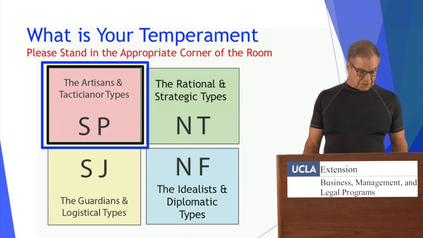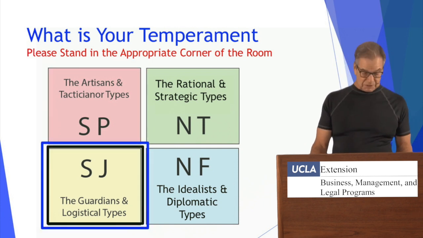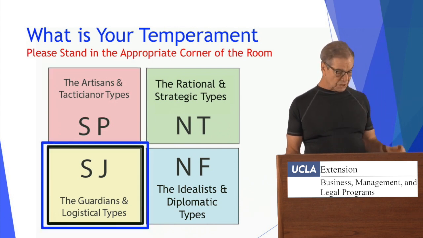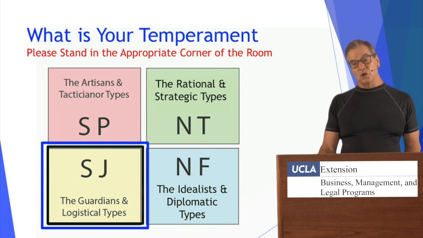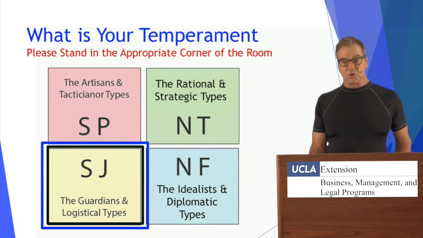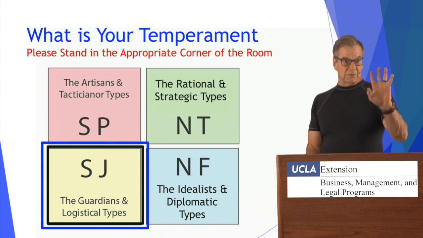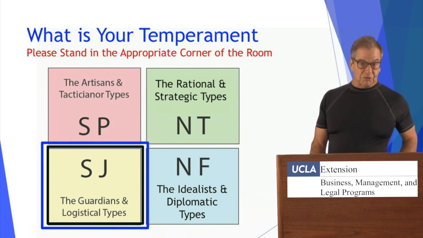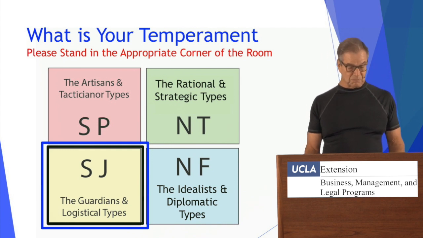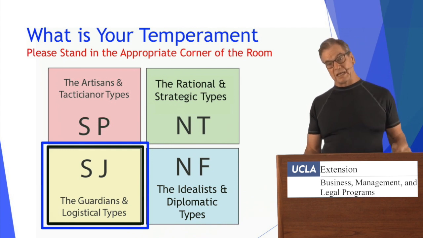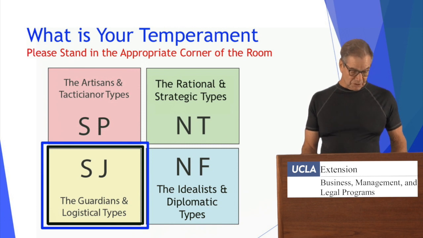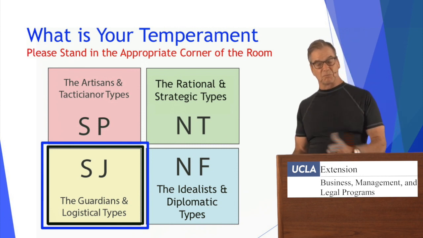Next is the sensing, judging person, and if this group was over here, I would go over to them. They're what we call guardians, about 45% of our total population. Let me back up: the artisans are about 35% of the population. So sensing people make up about 80% of the population, whereas intuitive people make up 20%.